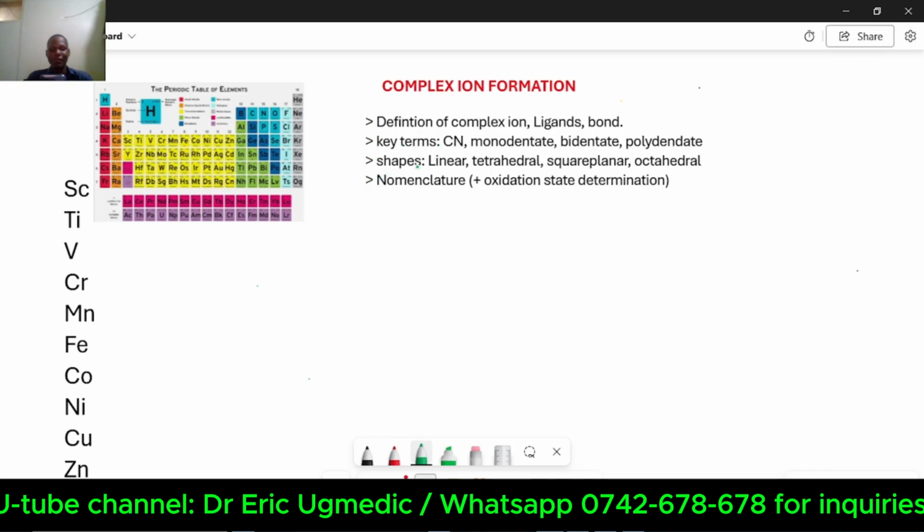By definition, a complex ion, I'll give you an example here so that we understand what I mean. So if we have something like this, or I'll take maybe something like dichromate.